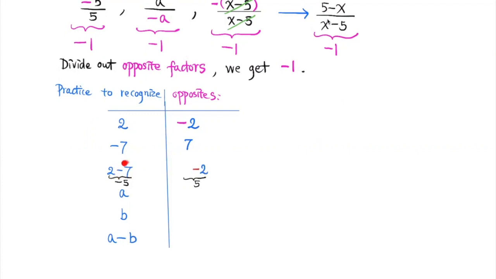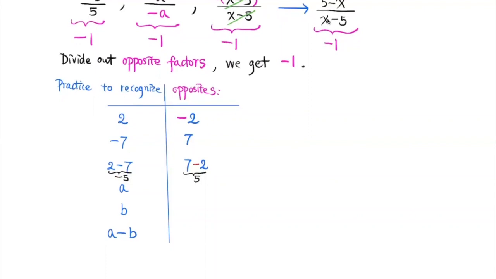The opposite of -7 is +7. So the opposite of 2 minus 7 is 7 minus 2. As you can check here, 7 minus 2 is equal to 5. So to take the opposite, you can take the opposite of each term in the expression.